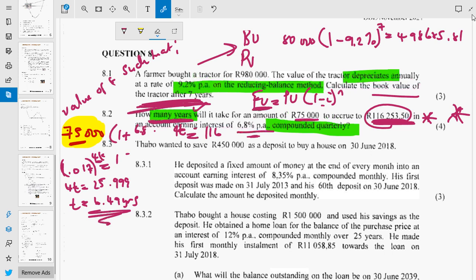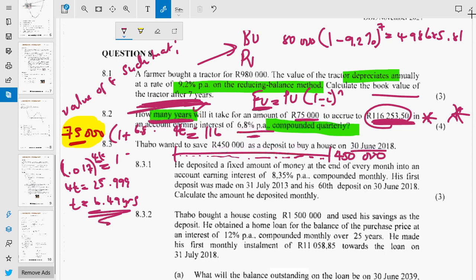So if you think about this, I'm saving up for my deposit of, well, I'm not Tabo, but he is saving up for a deposit of 450,000. So in future, he wants 450,000. So this is going to be a future value annuity.